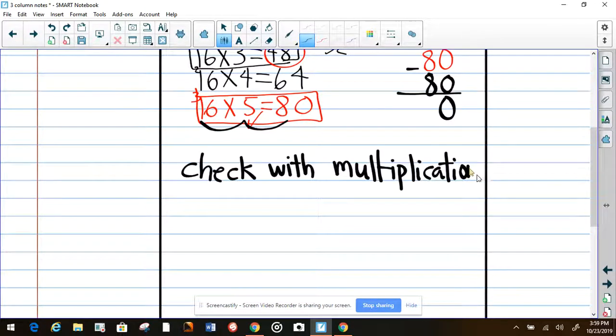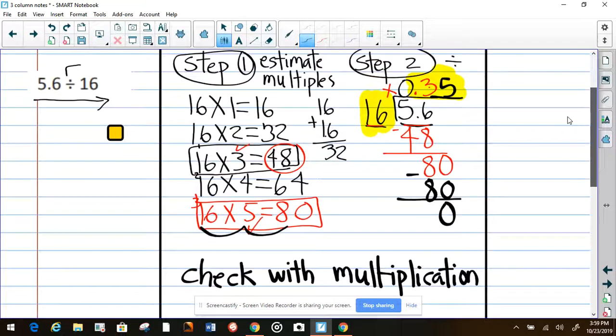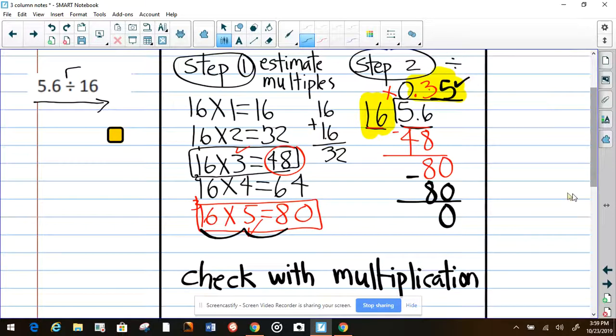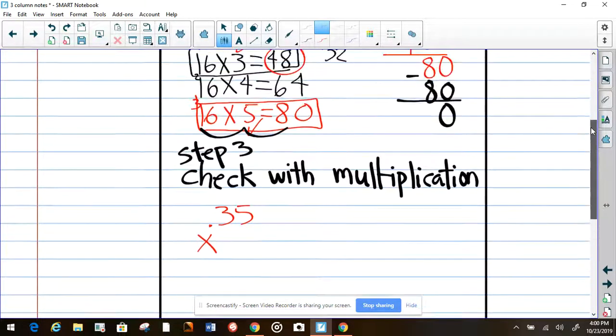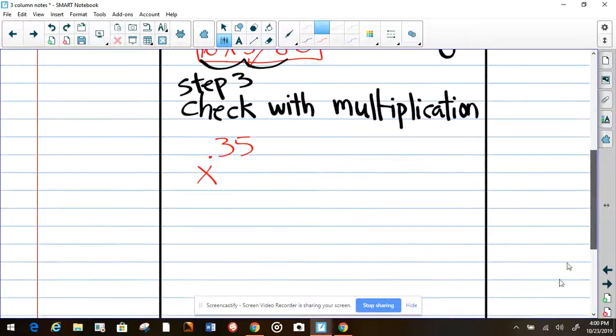Okay. So now we have the quotient is 3.50 times 16. Step 3. So it's 3.50 times, what was the divisor? 16.